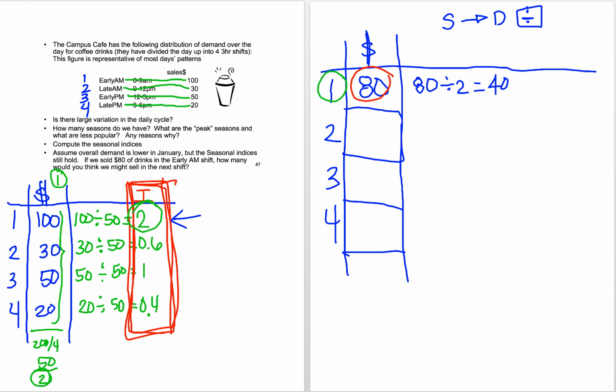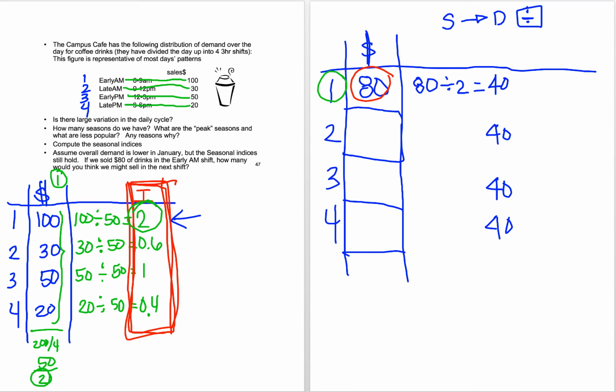And now that we know that the deseasonalized average sale for the first season is 40, we know that the deseasonalized average sale for the rest of the seasons are 40 as well, because once again, we've taken the seasonality out of the data.